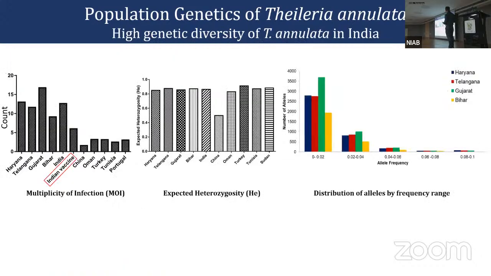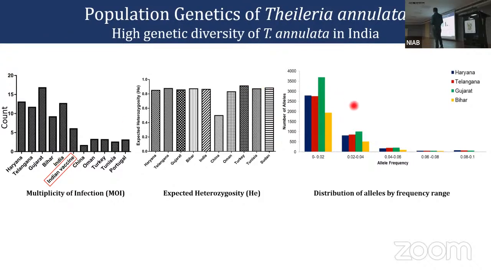We have used this, and we found that the Indian population has a very high MOI compared to other countries reported till now. Even though the vaccine strain is higher than in other countries, in the Indian population it is lower. The heterozygosity is comparable to other reports.